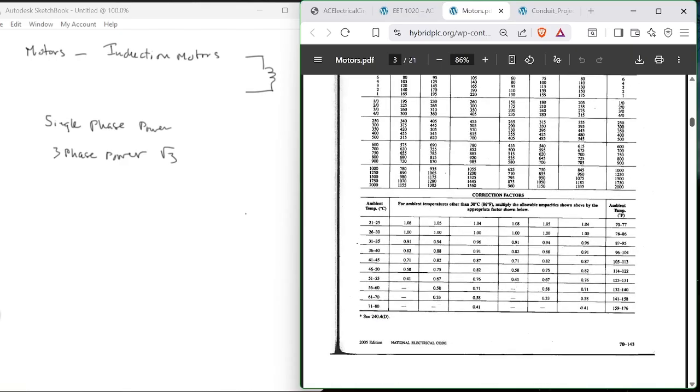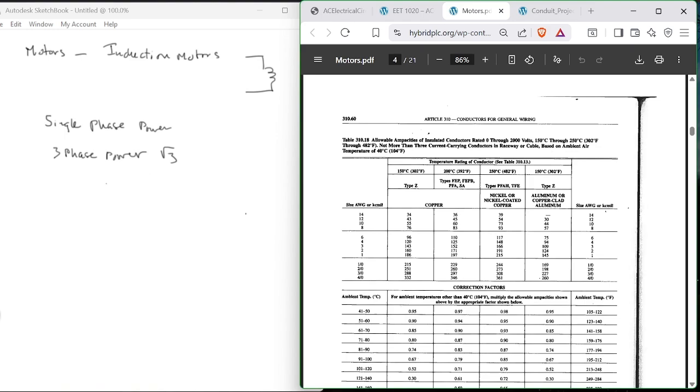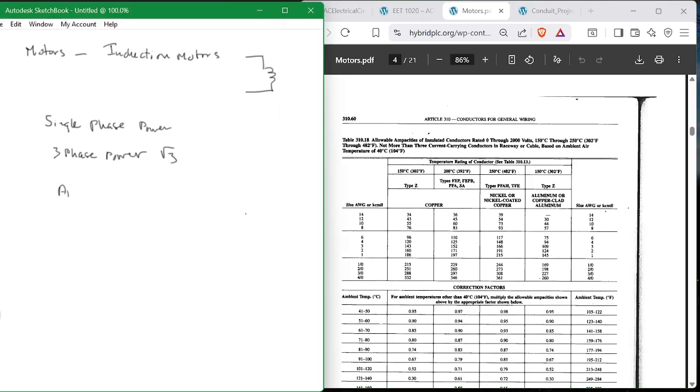Well, they're single phase, three phase, the ampacity, the amps of each motor, horsepower of each motor. So you have a certain horsepower motor. What are the amps of that motor? And from that, you can find a wire size. And from that, you can find a diameter of the wire.